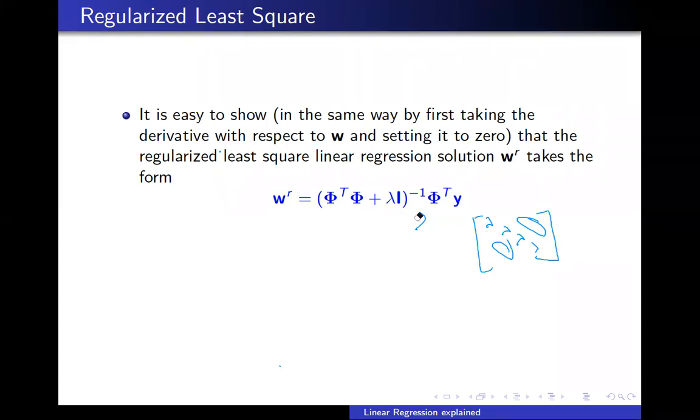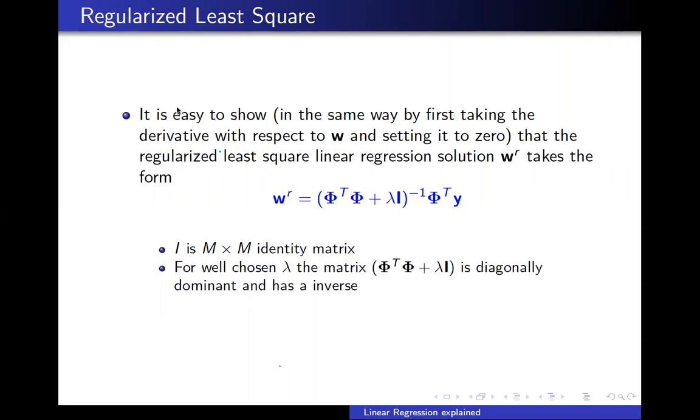So I is the M by M identity matrix. For well-chosen lambda, the matrix is diagonally dominant, has an inverse, and each of the eigenvalues is at least lambda.